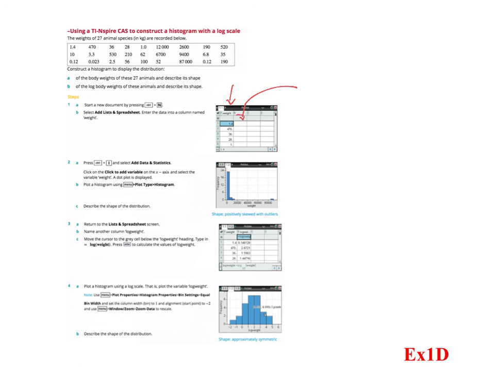So down in this little shaded bit, just under the label of that column, you press equals and pick the log 10 button, you write log 10, and then you just put, see how they called their original one weight? So whatever you called your original list, type it in there. It should come up bold, and then you press enter and it fills it in. Then you've got a list of all the log numbers, and then you just create your histogram the same way. So you can practice that as well.